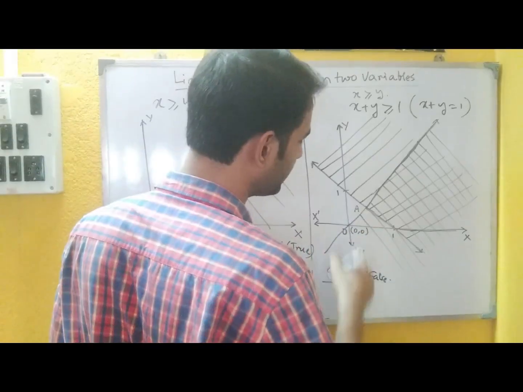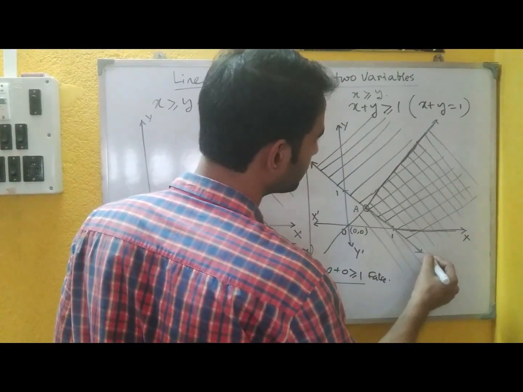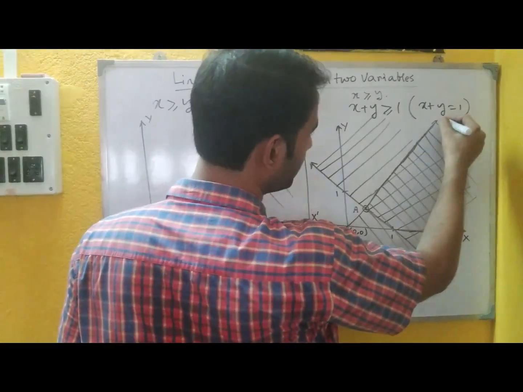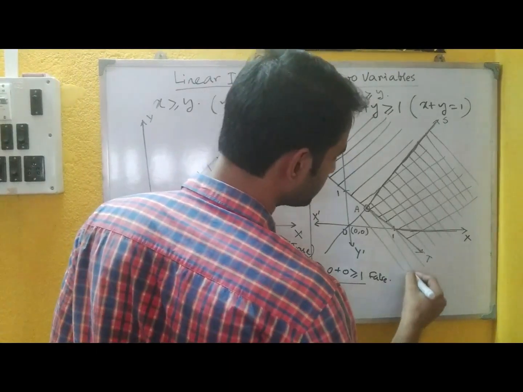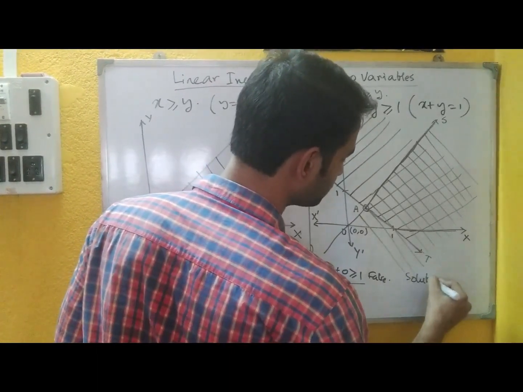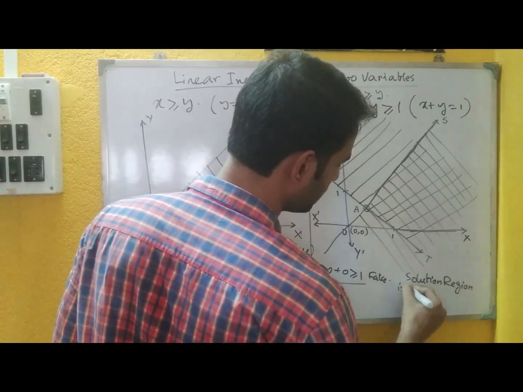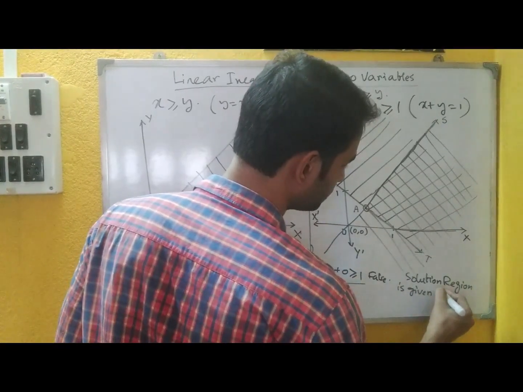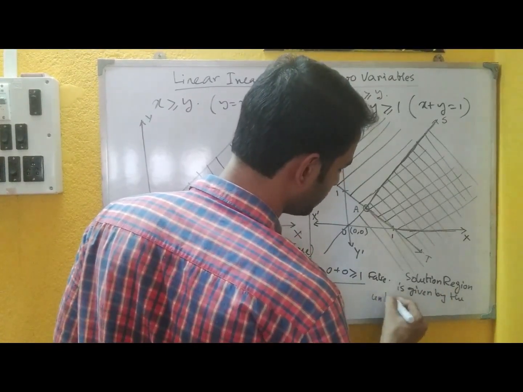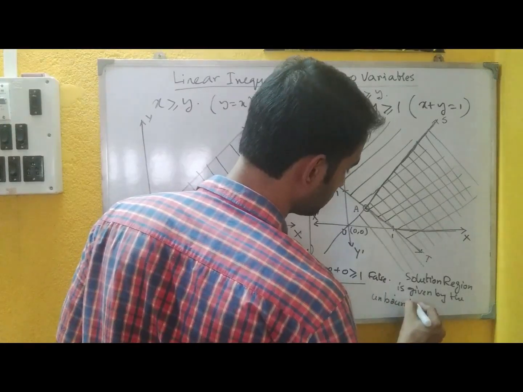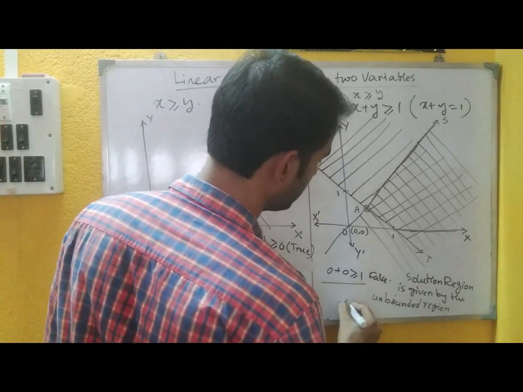Say here it is A, this point of intersection is A, in this direction it is say P, and here it is S. So we will say that the solution region is given by unbounded region SAT.